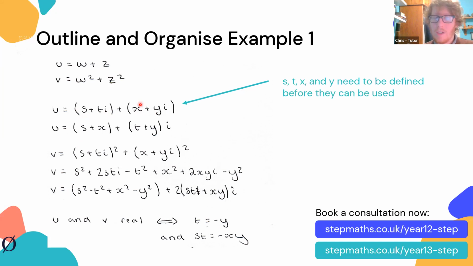I should really write, okay, w is equal to this s plus t times i, z is equal to this x plus y times i. Probably also worth writing down that s, t, x, and y are all intended to be real numbers, because that matters later in the proof. So you can read it off by context, but it's going to be easy to forget unless you write it down.